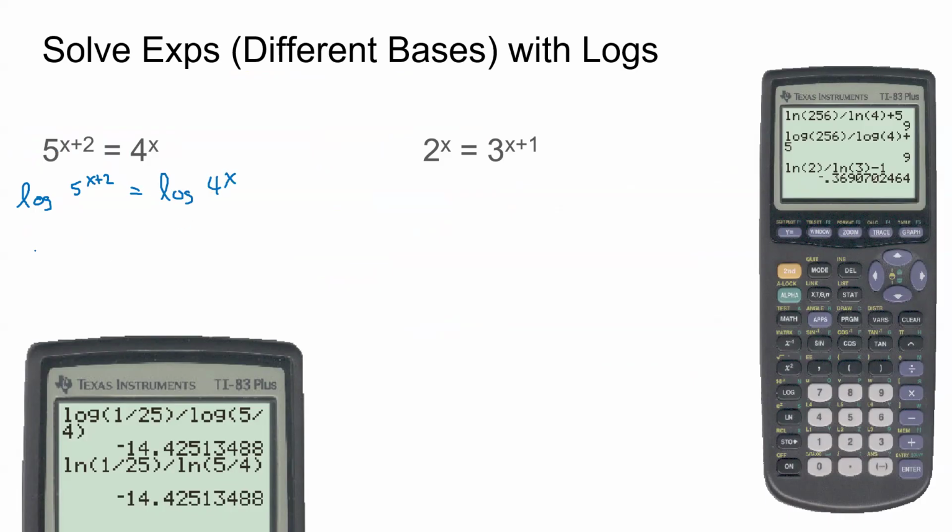Looks like it's time to use the power rule, and I'll have x plus 2, tie it up, log of 5 equals, bring the exponent down, x log of 4. And now I can divide both sides by log of 5. And it'll cancel on the left, show up on the bottom over here. And that's just a dumb old number.